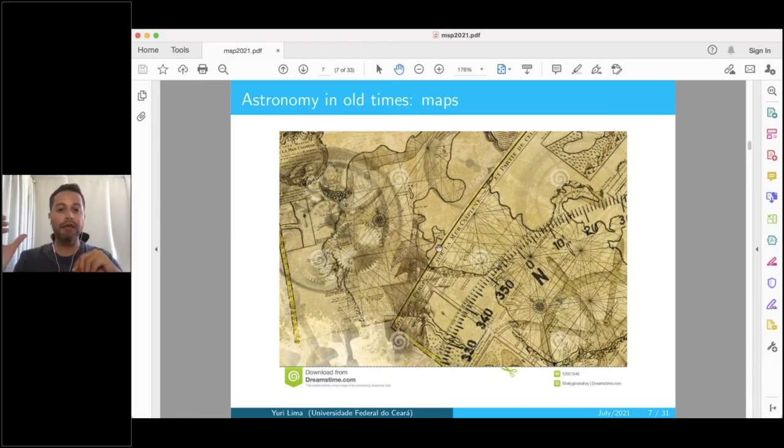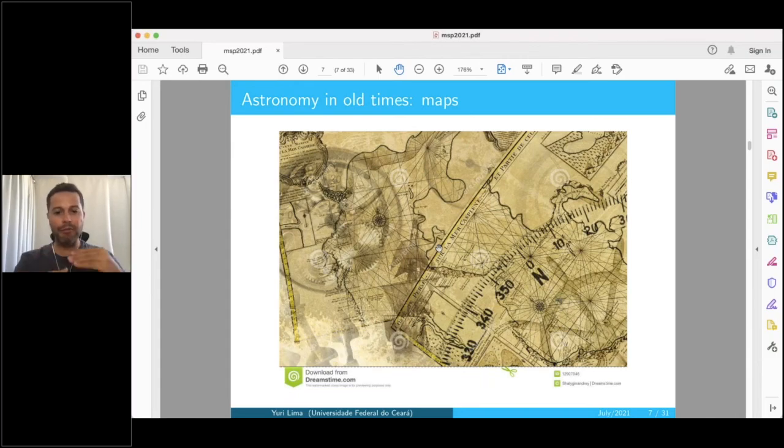And the better the predictions are confirmed, this means that the better the model you chose in the beginning was made. So the development of models for the universe actually follows the quality of equipment that you have. Because if in the past you didn't have good equipment, you did not make good observations, so more or less any model could work.